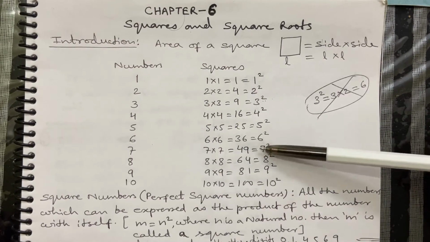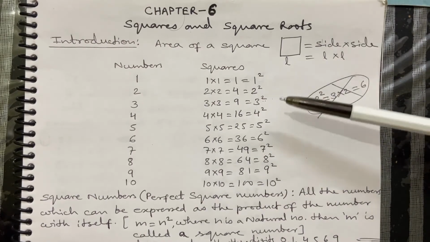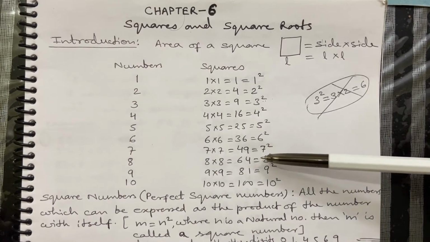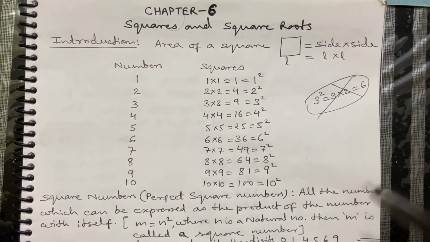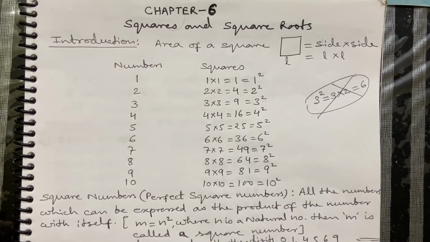We cannot see that 3 or 2 is written at the end. Means square numbers only end with the digits 0, 1, 4, 5, 6 or 9. This is one observation.